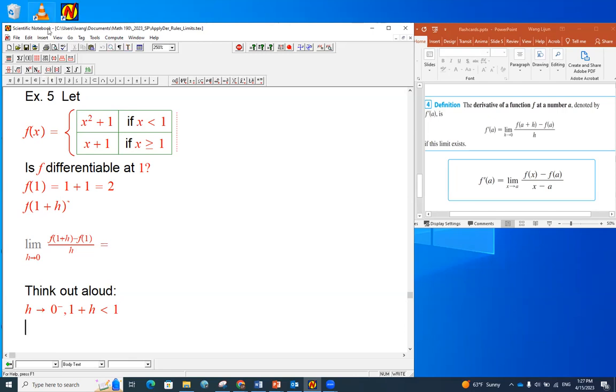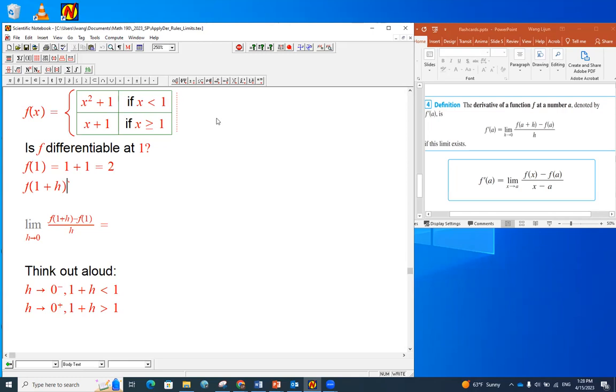If h is approaching 0 from above, then 1 plus h is going to be larger than 1. So not only do we need to examine this limit, we also have to examine it from two sides. Look at the two-sided limit. Depending on the sign of h, we have to think of which piece of the function we're going to use.